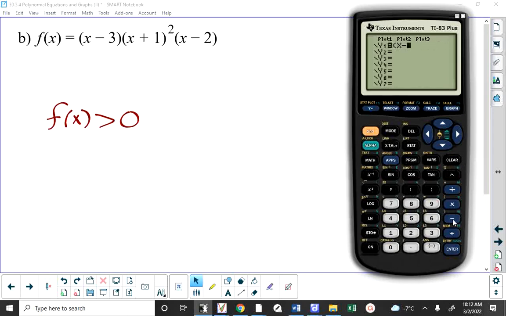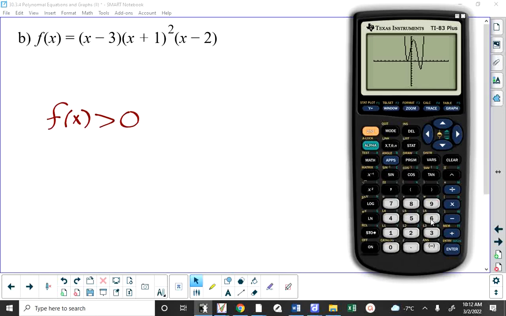We have x minus 3, we have an x plus 1 that is raised to the exponent of 2, and we have an x minus 2. Just making sure I got all that right: x minus 3, x plus 1 squared, x minus 2. I'm going to go zoom 6. I know what the x-intercepts are going to be.